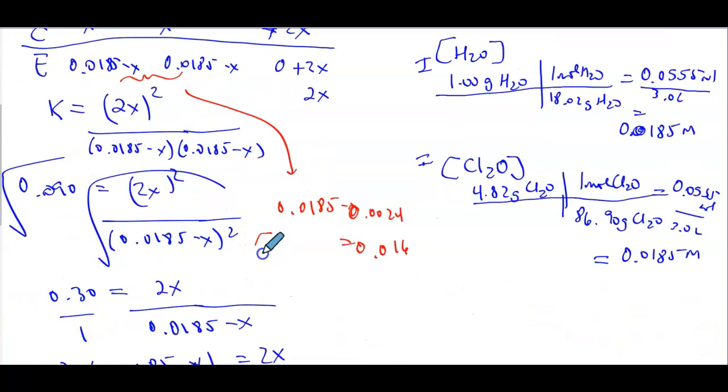So the concentration for H2O and Cl2O would be that.